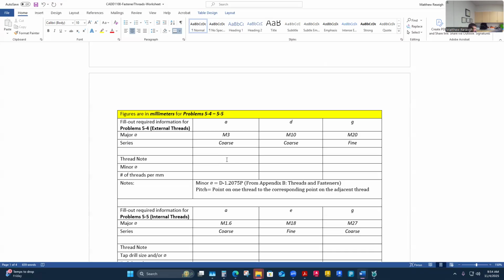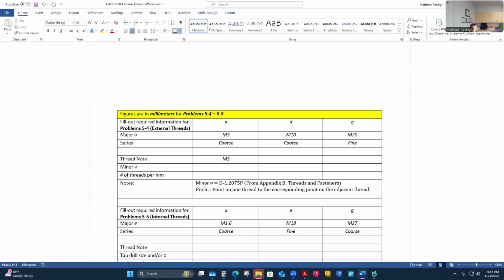In the textbook, the steps are lettered A through F. M is the symbol. The first part of your thread note is just a straight copy of the major diameter, which is considered an M. That's an M3. So M is always the first indicator of a thread note for a metric fastener, and that's nice because it's a quick cue that this is metric.